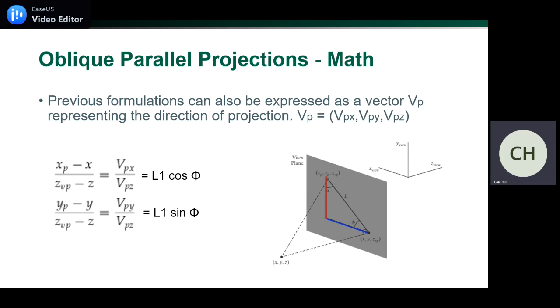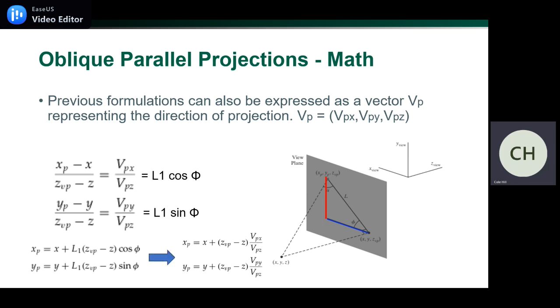And the same for the bottom, we get L1 sine phi. And combining all of these together, you get x sub p is equal to x plus z sub vp minus z times v sub px over v sub pz, and y sub p is equal to y plus z sub vp minus z times v sub py over v sub pz.